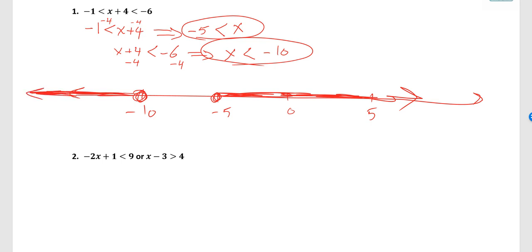Now I need the intersection of both of these portions, but I have no intersection. Okay, they do not intersect.